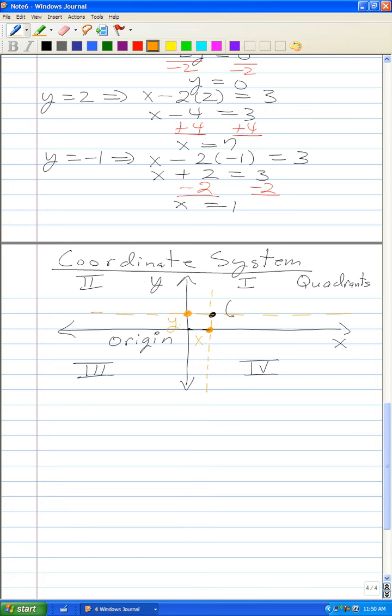Call that distance y. If we're above the x-axis, I'll make it positive. If I'm below the x-axis, put a negative sign in front. Now I can associate with this point the ordered pair x and y, those two signed distances.